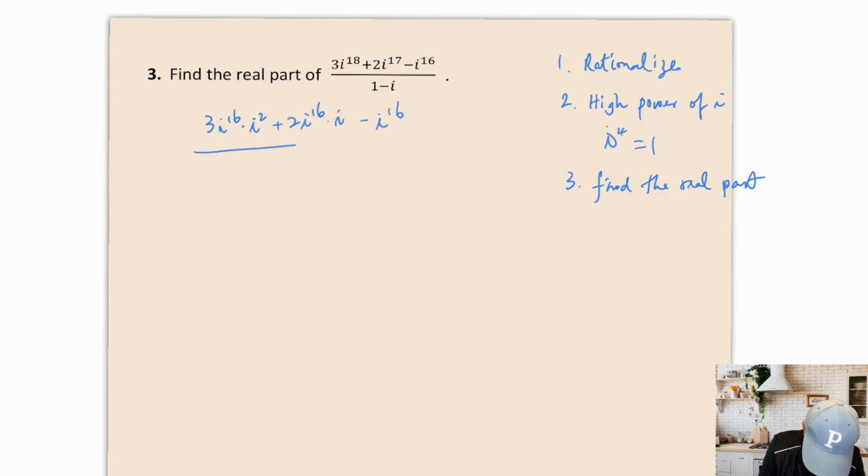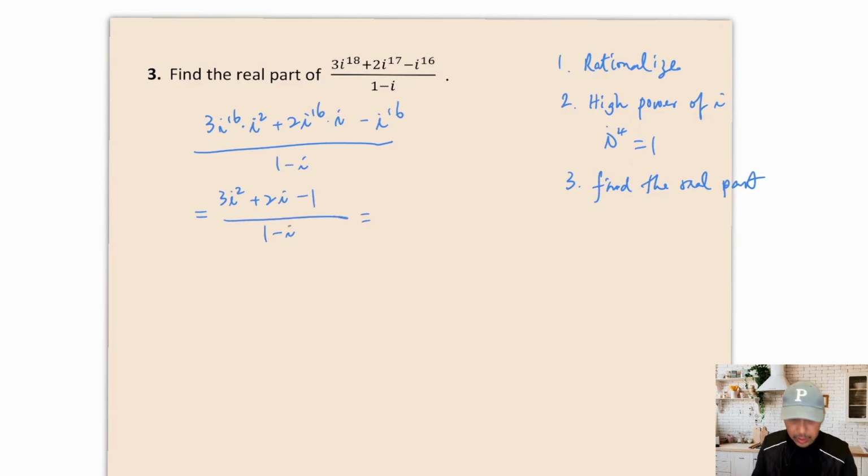So it will become 3i squared plus 2i minus 1 over 1 minus i. Okay, so this one is negative 3. So negative 4 plus 2i over 1 minus i.